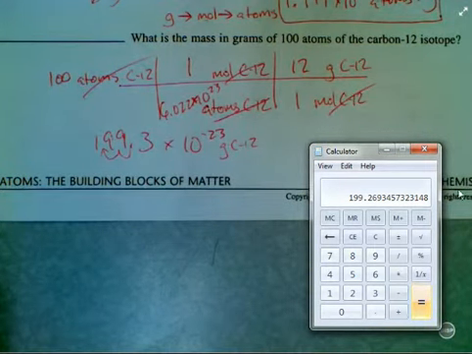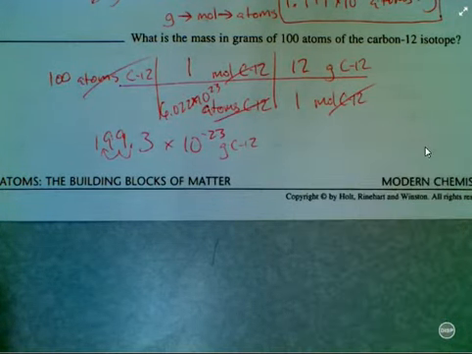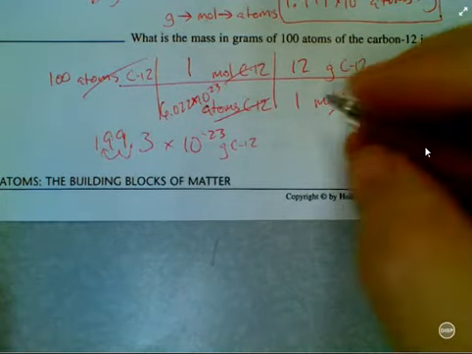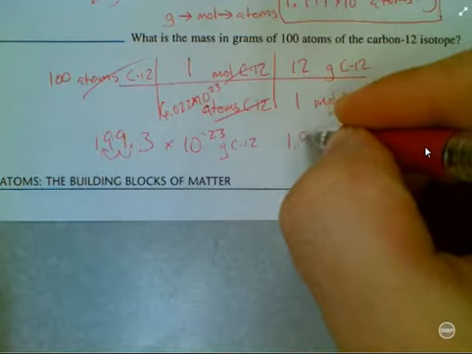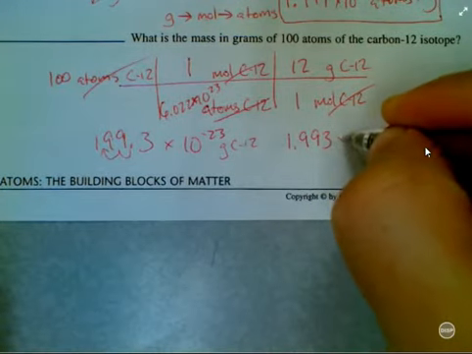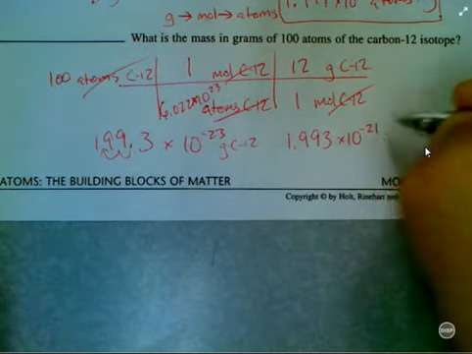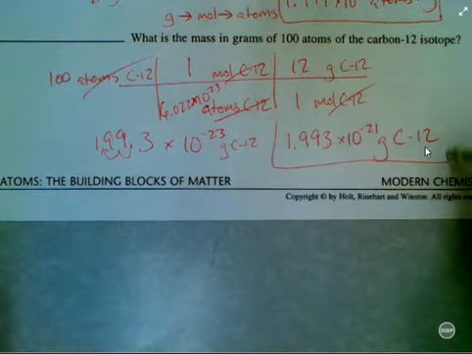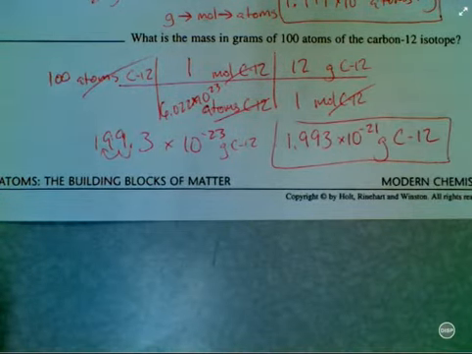So if I want to record the correct number of significant figures in proper scientific notation for this calculation, I'm going to write 1.993 times 10 to the negative 21st grams of carbon-12. Box out your response, and there's your worksheet, y'all.